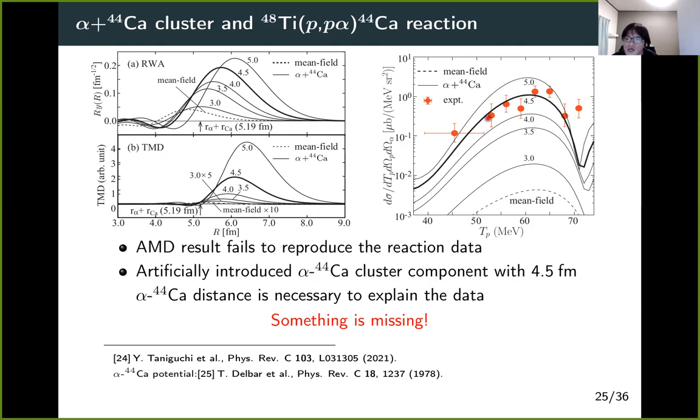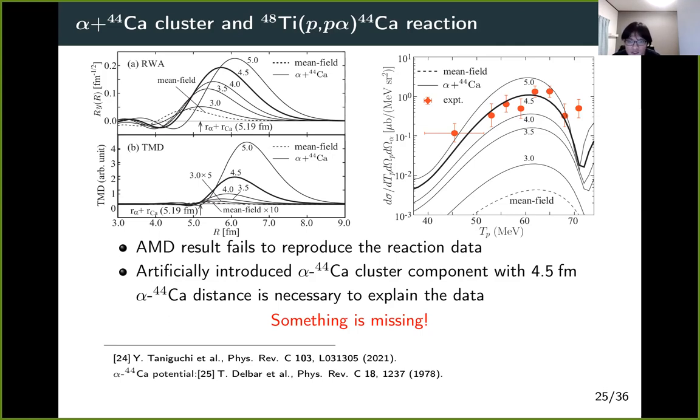To explain the cross-section data, we artificially put the alpha plus calcium-44 cluster component with a 4.5 femtometer cluster distance. That was necessary to explain the data, but this is again an artificial alpha cluster component, so something is still missing, and we don't know the reason. Maybe it is because of N not equal Z, or nucleons being in the pf shell, but we don't know. I would say this is still an open question.